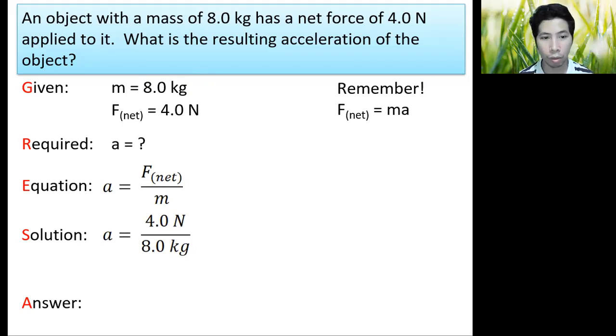So if we have substituted everything correctly, perform the operation. This is division, so we will divide 4 by 8. To find the answer, we divide them, and it will become 0.5 meters per second squared.